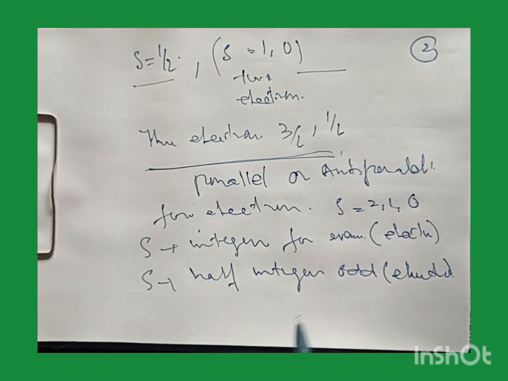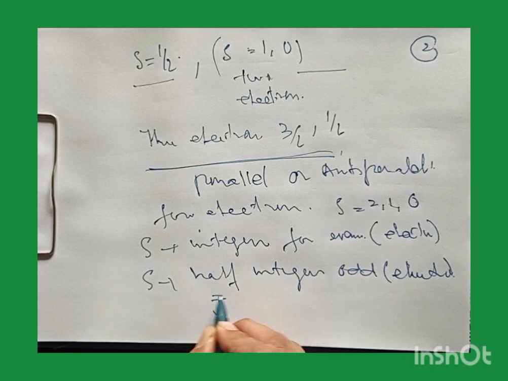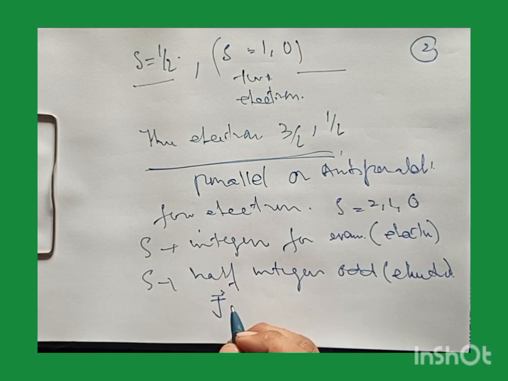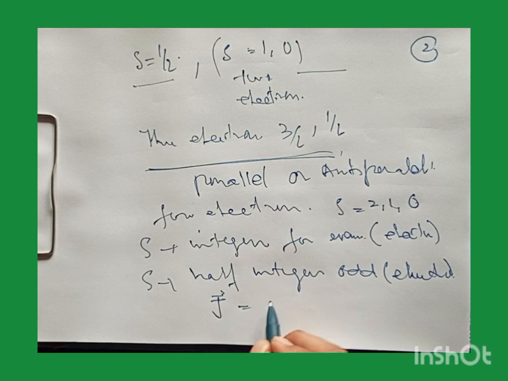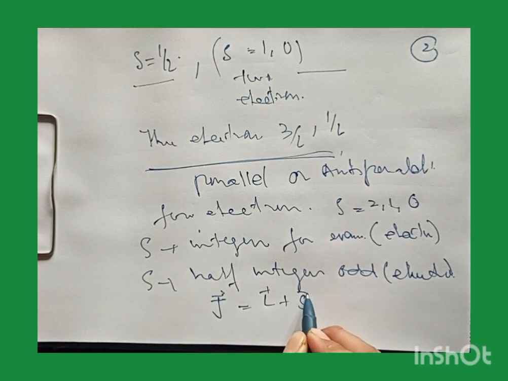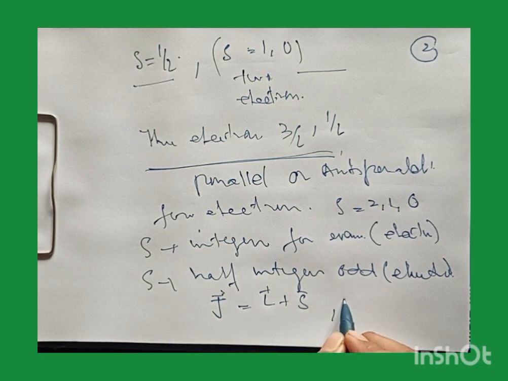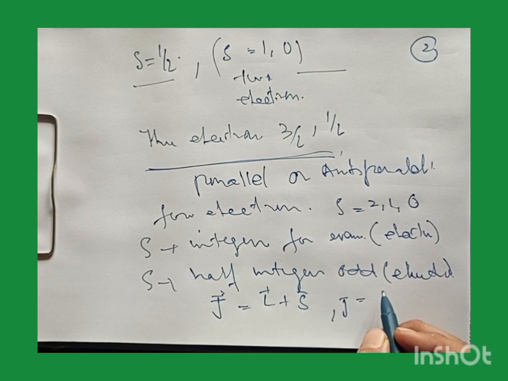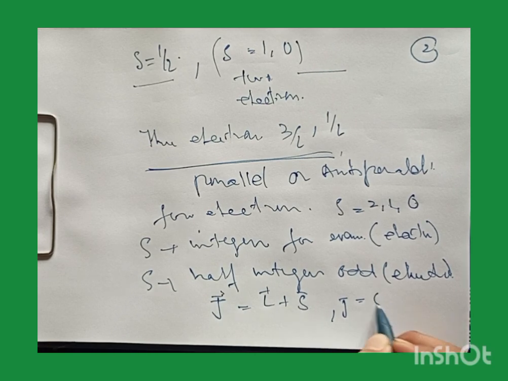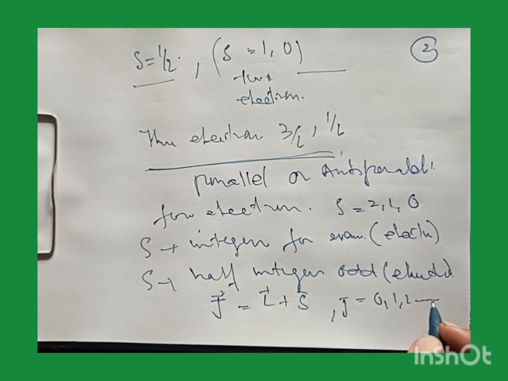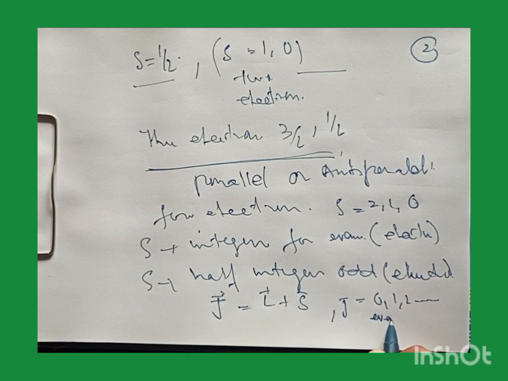And since J, the total angular momentum, is the vector sum of L and S, therefore this J will have integer values 0, 1, 2, 3, etc. when S is an integer, which happens for an even number of electrons.